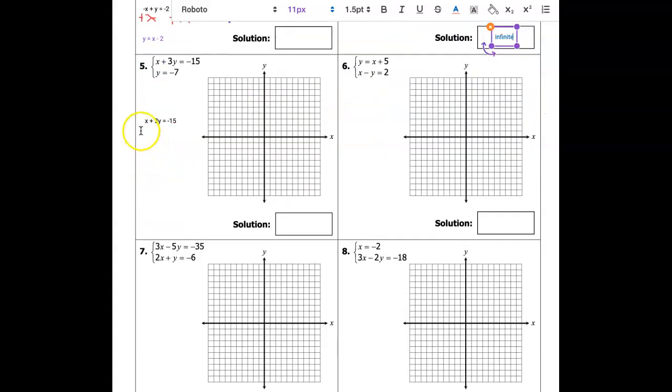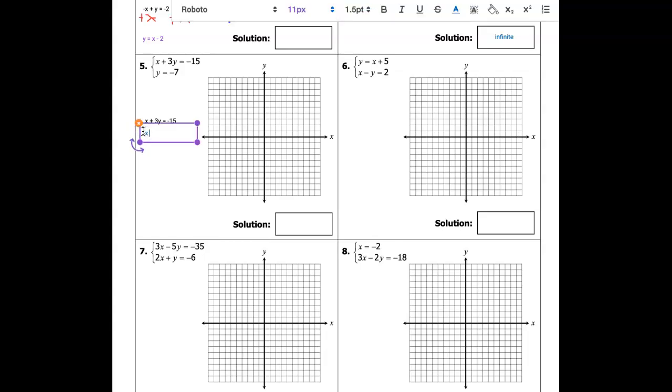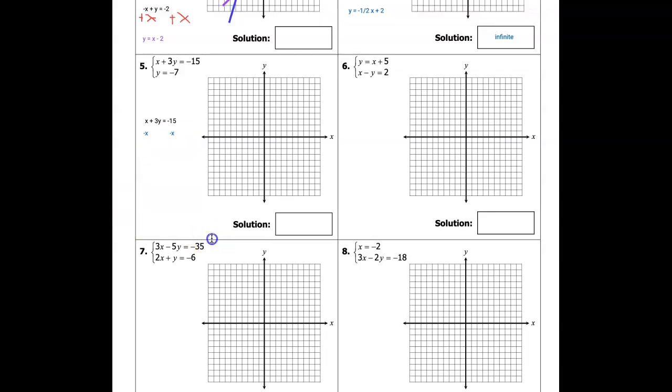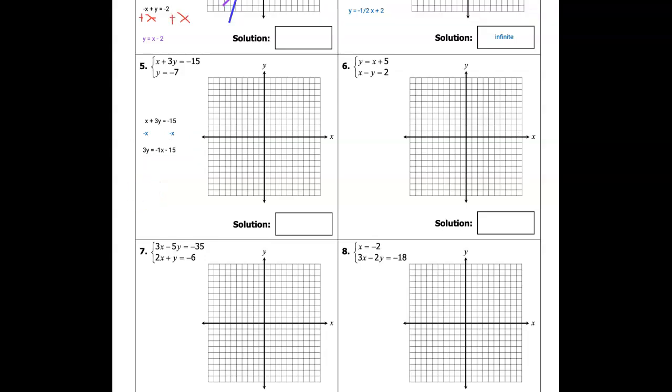All right, so looking at these last two really quickly. Number 5, I have to rewrite the first equation. So start by subtracting x from both sides. Now we have 3y equals negative 1x minus 15. And then again, we're going to divide everything by 3.